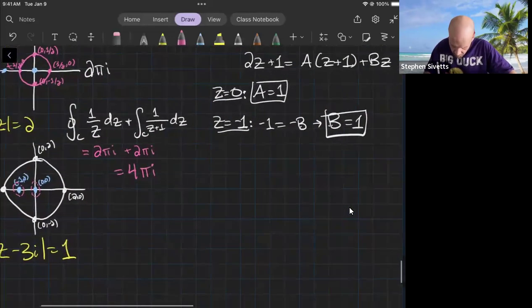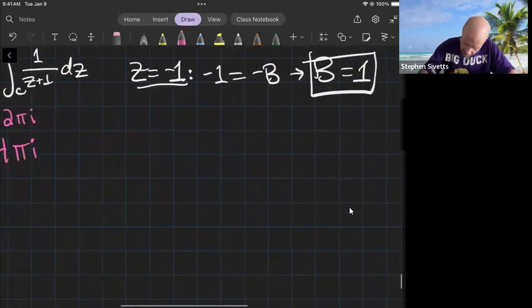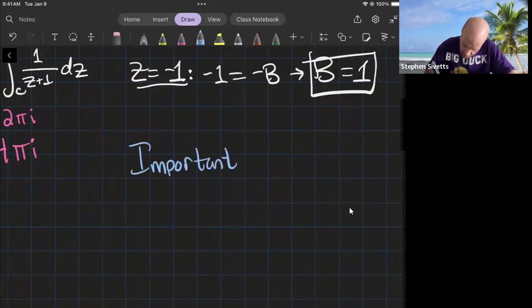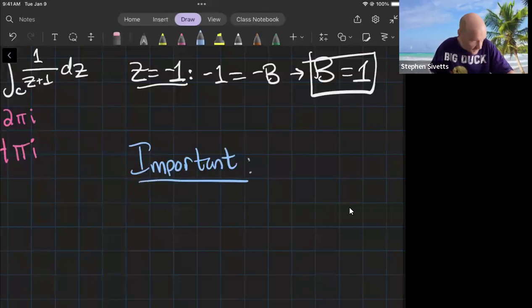And this is an important thing to mention, so let me write out a fact here.